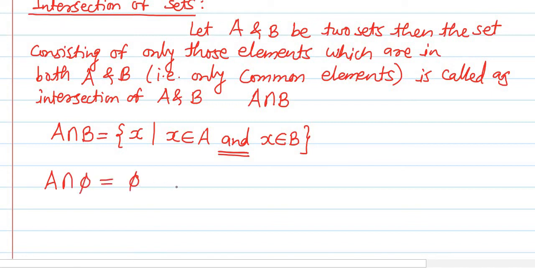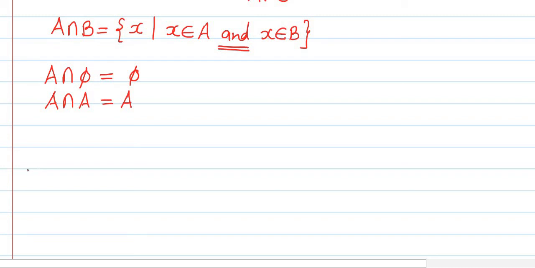Means if A is any set, then intersection of the empty set with set A is always the empty set. Next, intersection of any set with itself is the set itself, means A intersection A is equal to A. Next, A intersection B is equal to B intersection A.